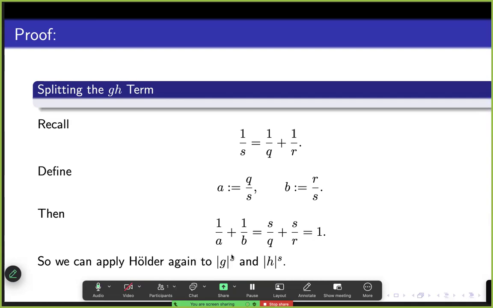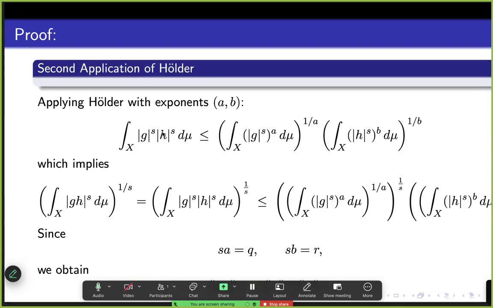Let's consider the two functions |g|^s and |h|^s. The L^1 norm of |g|^s|h|^s is less than or equal to the integral of |g|^(sa) to the power 1/a, times the integral of |h|^(sb) to the power 1/b. Taking the power 1/s, and using the product rule, the absolute value of gh to the s equals the absolute value of g to the s times the absolute value of h to the s.